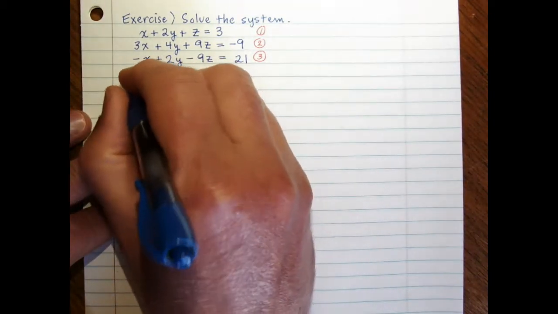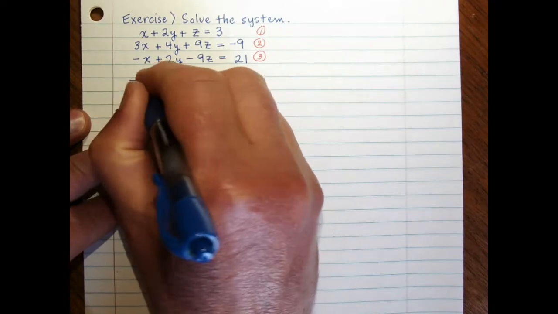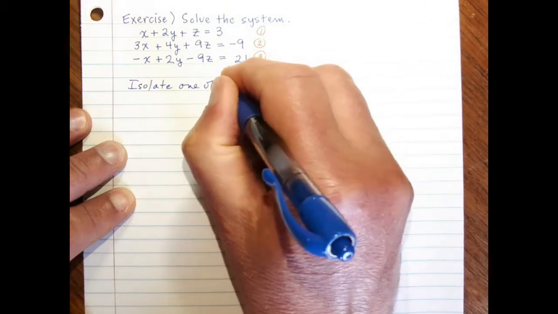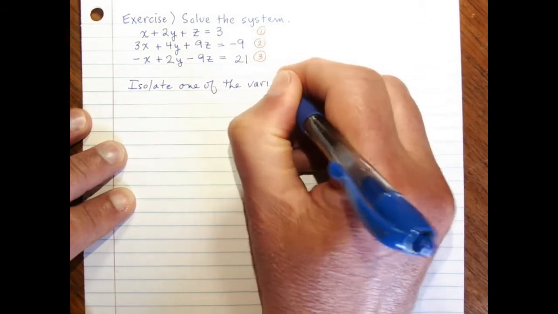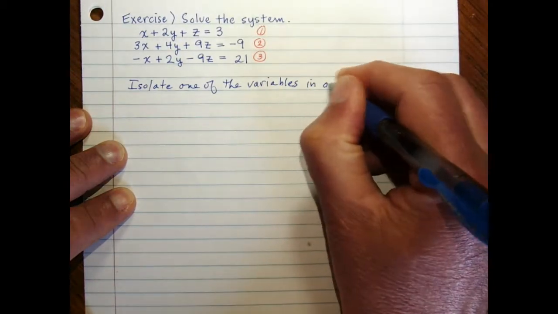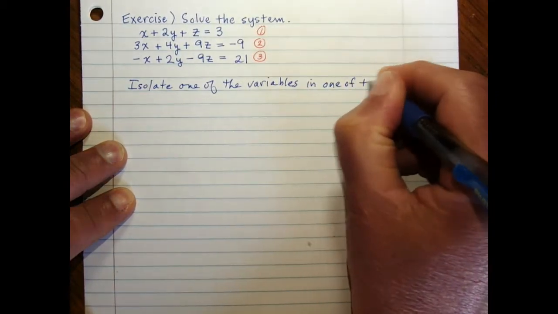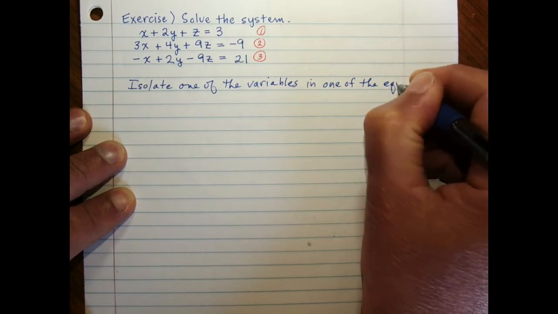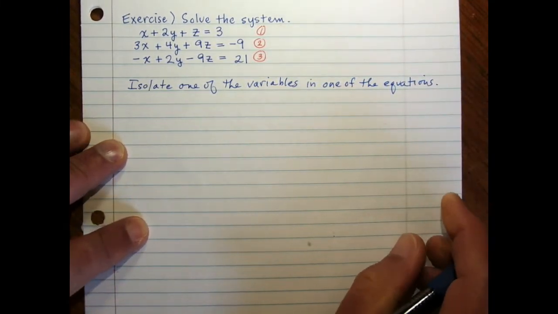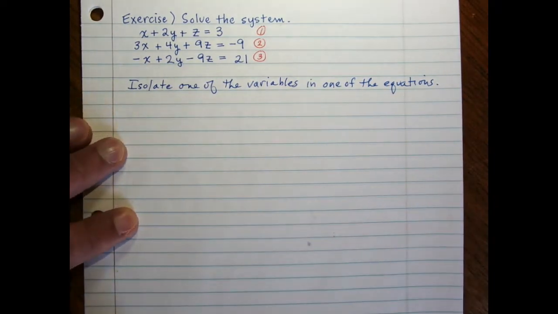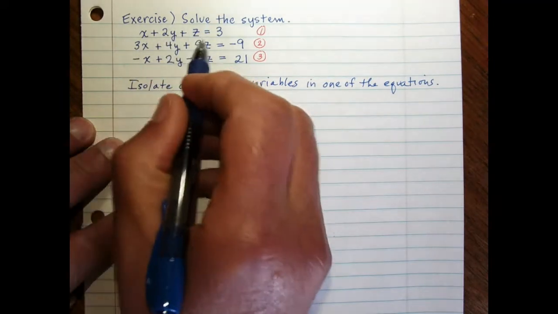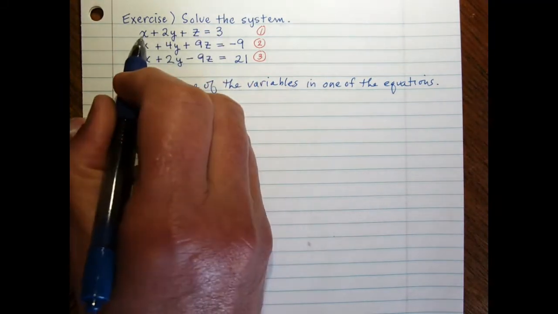To get started, what we have to do is isolate one of the variables in one of the equations. Doesn't matter which variable, doesn't matter which equation you choose, and you kind of want to make life easy for you here.